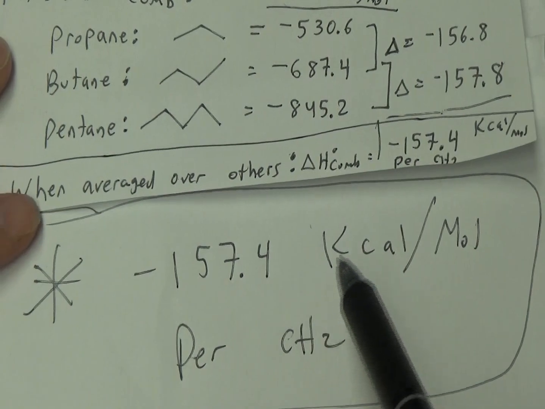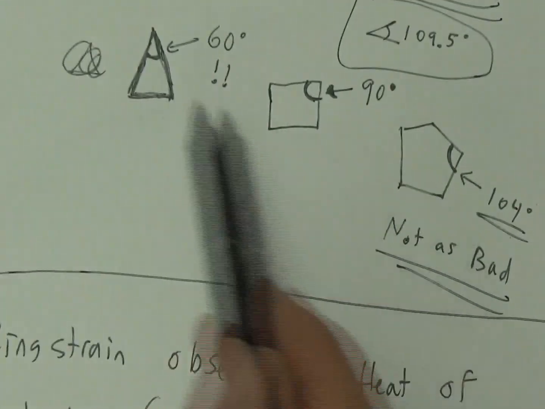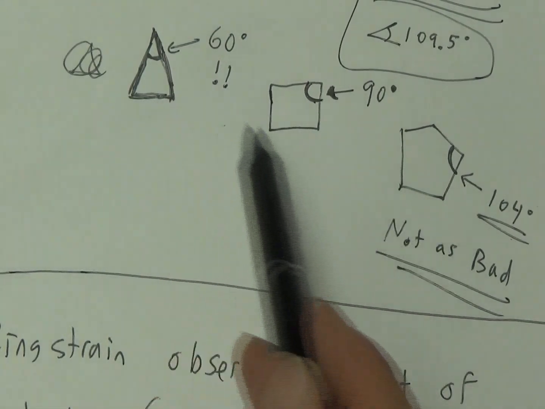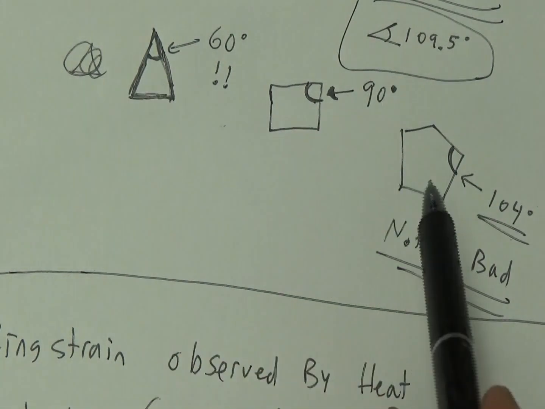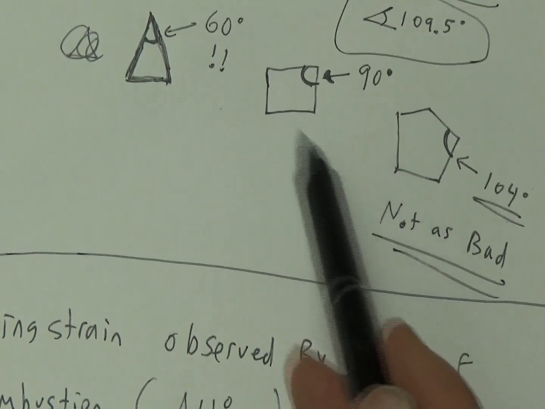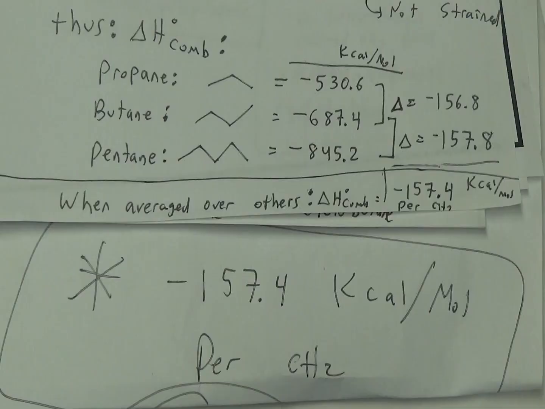That's going to be useful when we go back to the cyclic ones that have strain in them, because they all have CH2s, but we can differentiate the bond angle strain from the energy you get just from each of the CH2s.